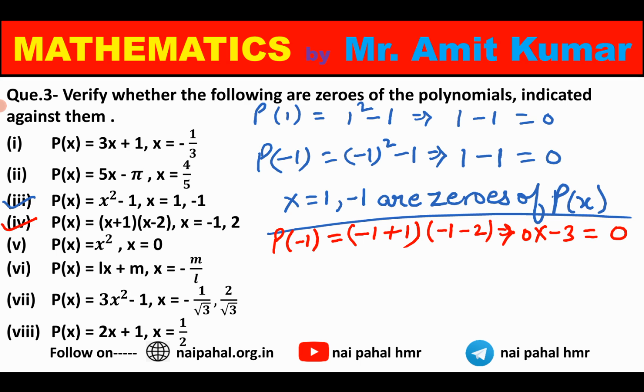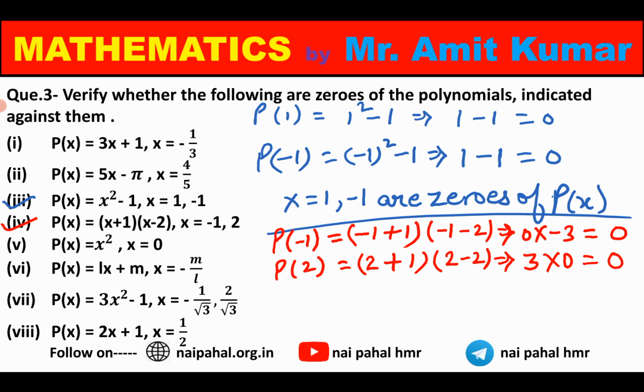And come to the next part where we have P2. The value will be taken as 2 plus 1 and in the other bracket 2 minus 2. Same step: 2 plus 1 is 3 and 2 minus 2 will be 0. So the answer will be 0.